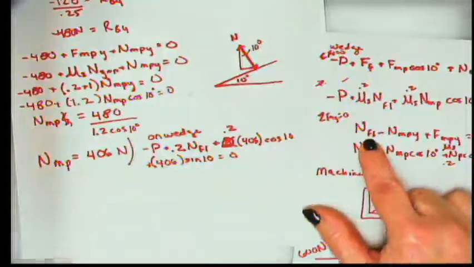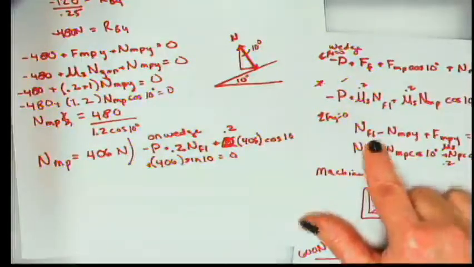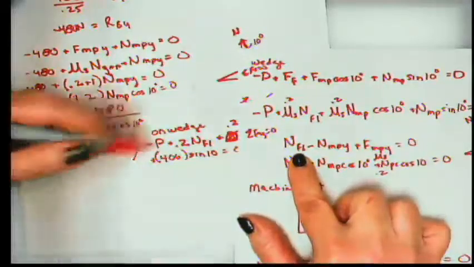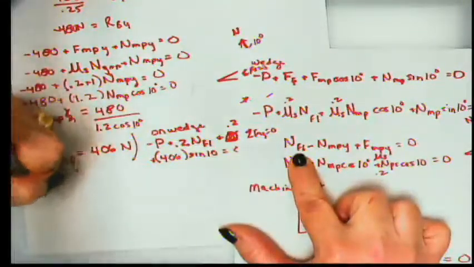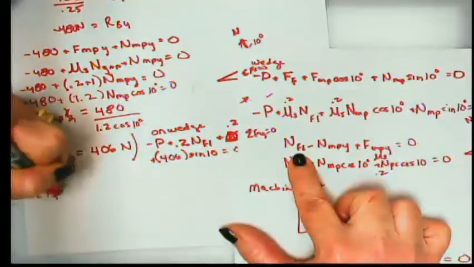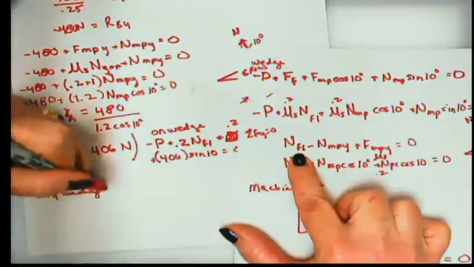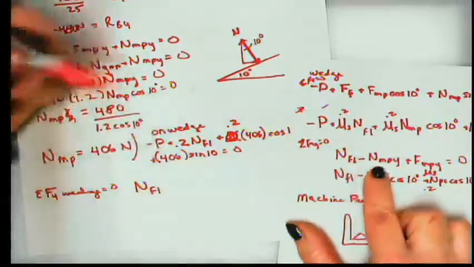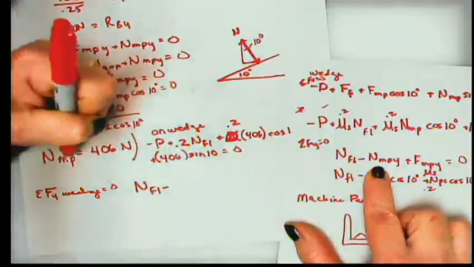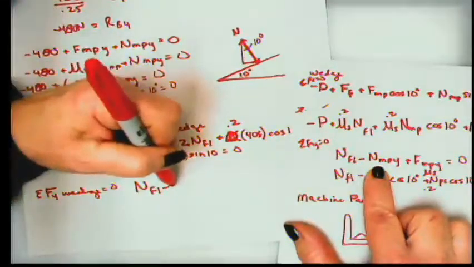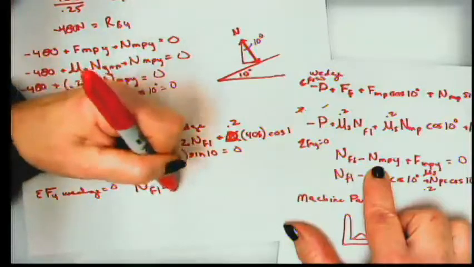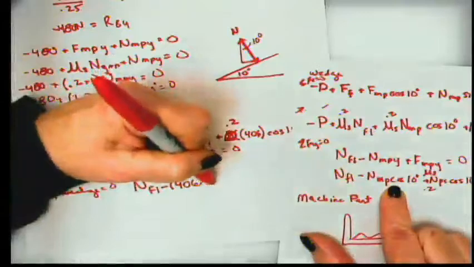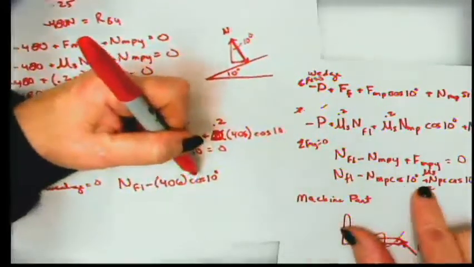Right. I think what we'll do next is we'll go to the equations in the y direction on the wedge. Because then we'll have the normal force on the floor. Let me do this. On the wedge equals 0. So the normal force between the wedge and the floor, we don't know yet. But we know the normal force on that machine part, and we know when we multiply that by the cosine of 10, we'll get that component.